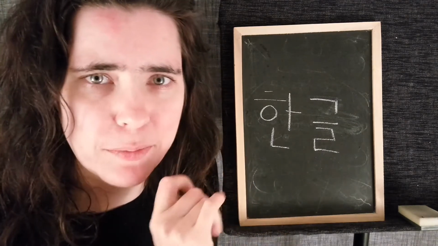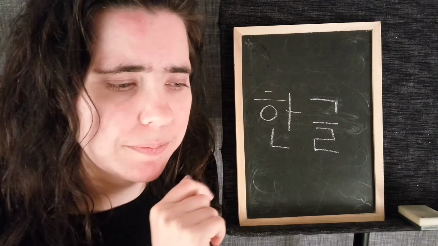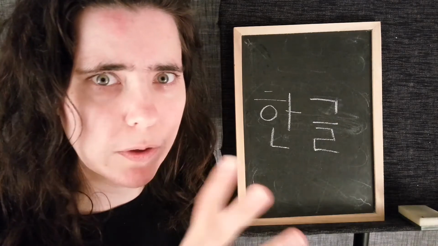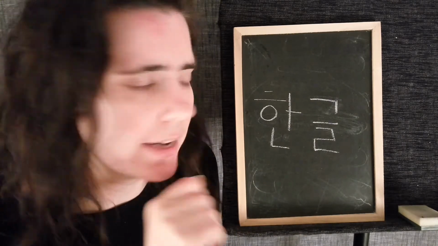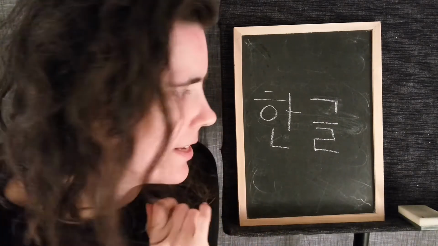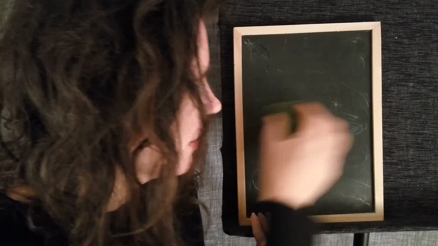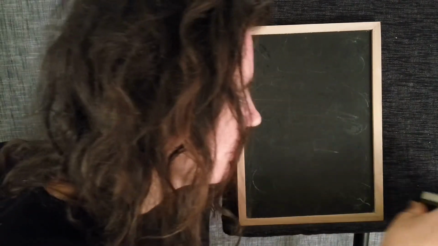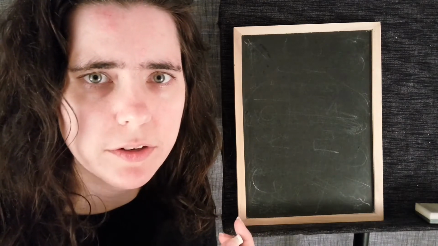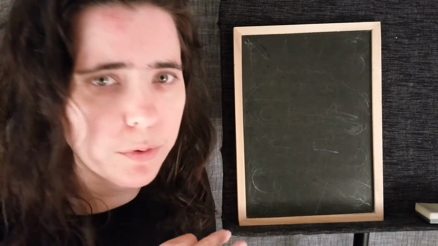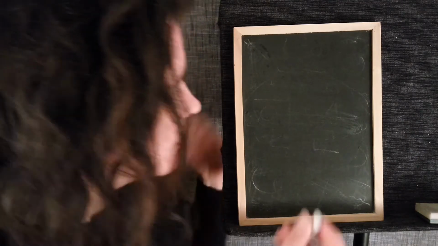It won't sound perfect because there are some pronunciation rules. I won't go through all that, but it should give you a basic idea. So let's go ahead and get started. I'm going to go through the vowels first, and then we'll go through the consonants.